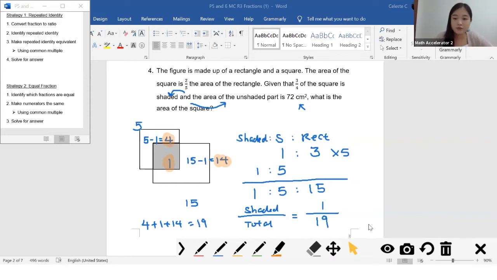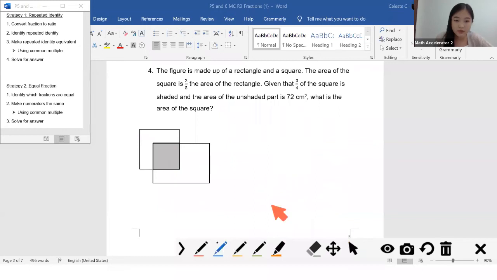Alright, okay, question 4. Okay, so after you've already understood the strategy, if you're confident, you can try it by yourself and then look up on the screen to check your answer. So the figure is made up of a rectangle and a square. Okay, once more.